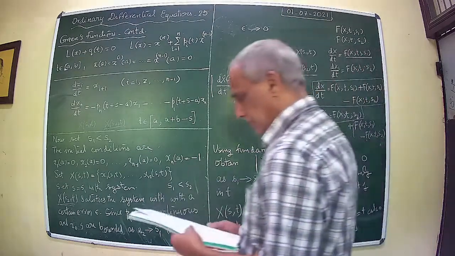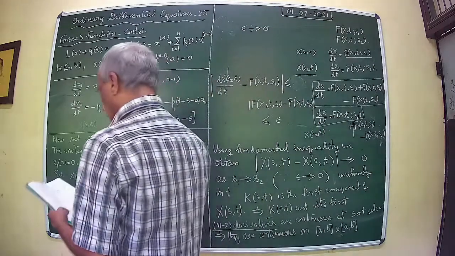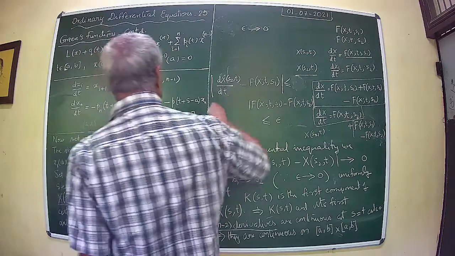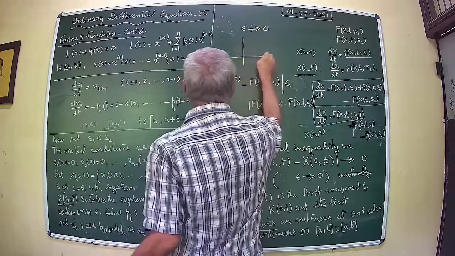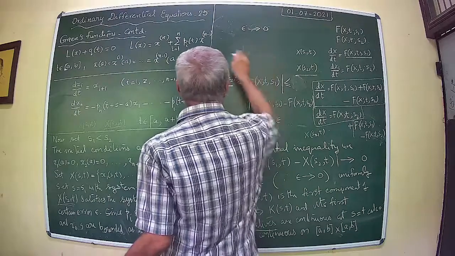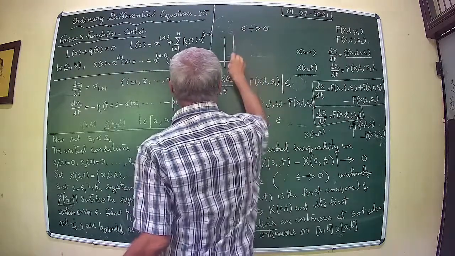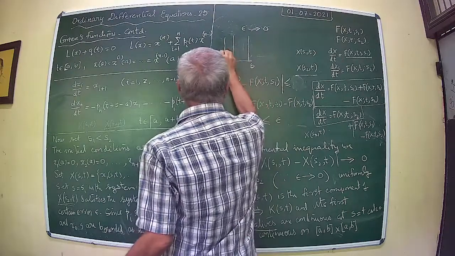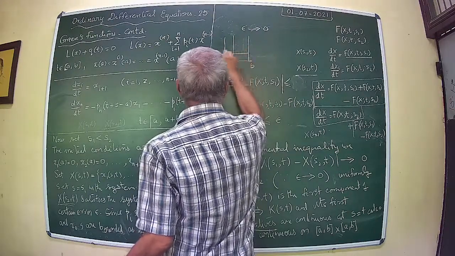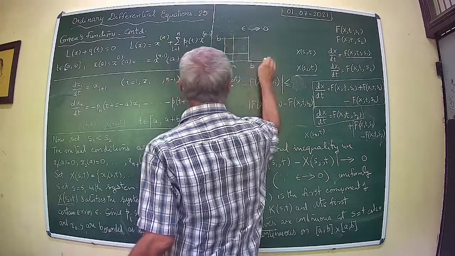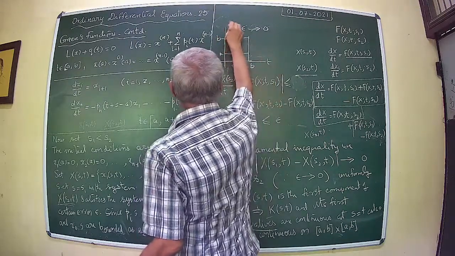What about the jump? There is a jump discontinuity along this. So what you have is this. Suppose this is [a, b]. This is [a, b] cross [a, b]. This is t. This is s.